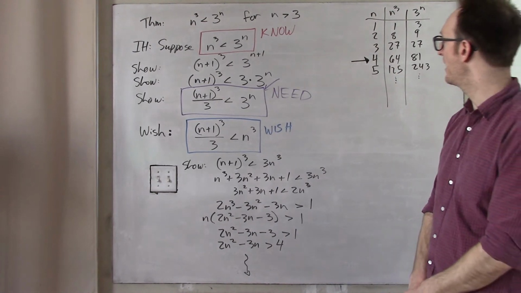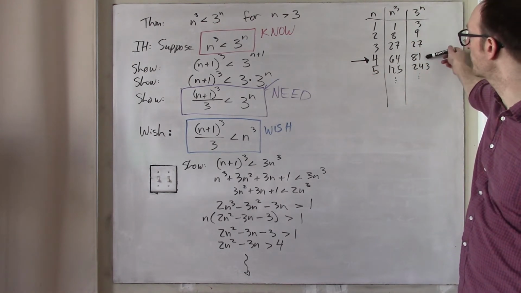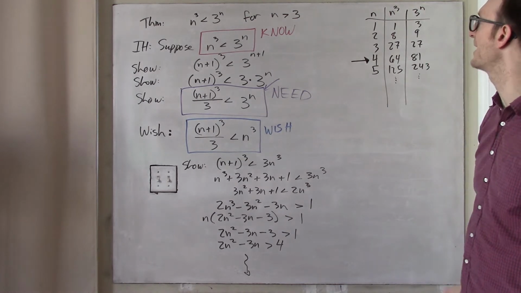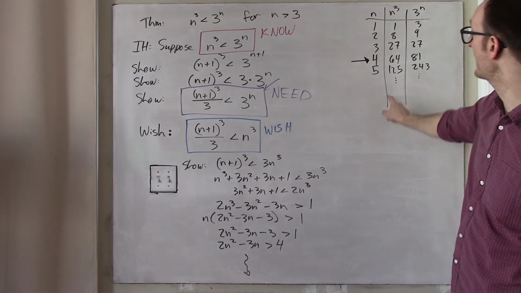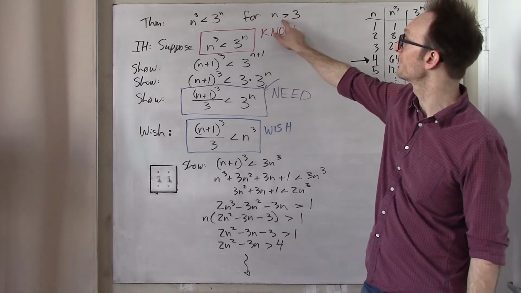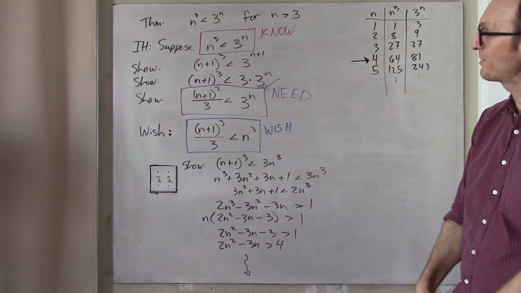But beyond 3, the exponential function just keeps growing faster and faster, leaving the n cubed function behind. So by filling out this chart and thinking about it, I'm convinced that this is true starting at 4, so for n greater than 3.